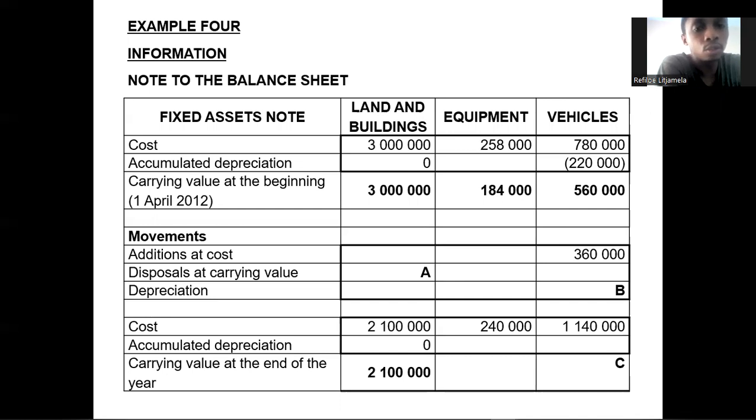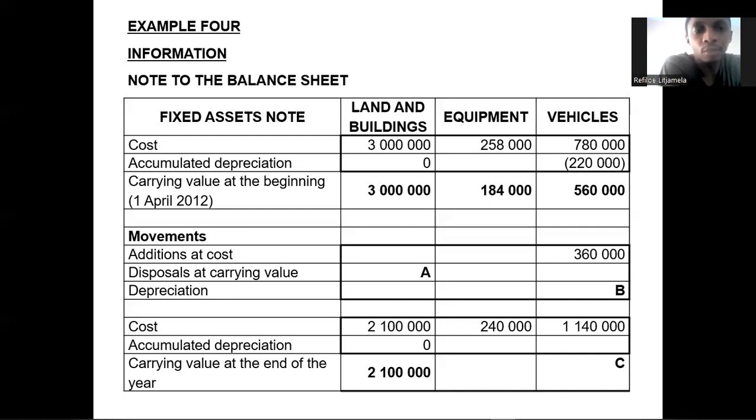For grade 11 and 12, and the grade 10 syllabus, please note that Lennon Buildings will not be depreciated. As a result, it will increase or decrease at cost price. So we need to calculate A there.